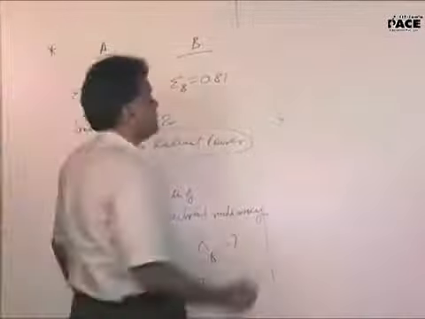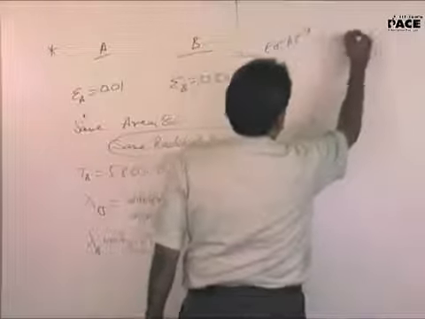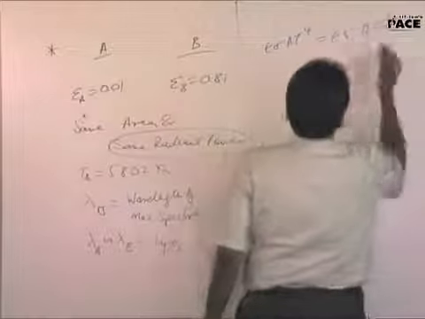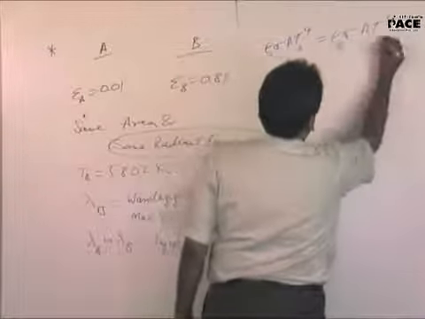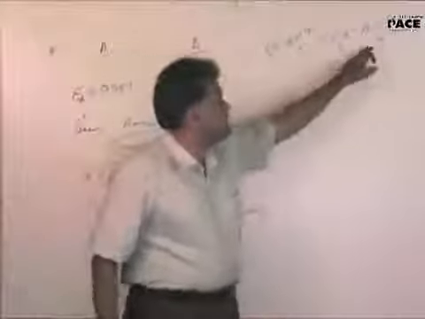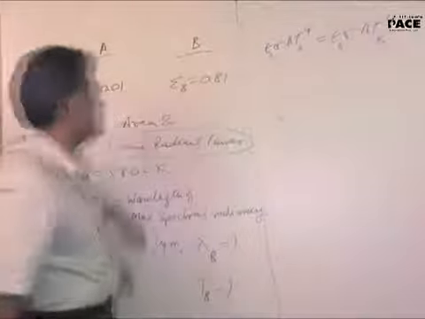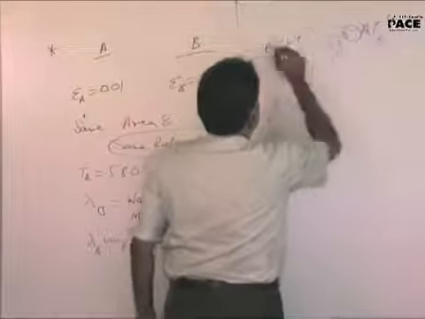So we can say epsilon sigma A T power 4 for both of them, meaning for A and for B, is same. Now I did not put AB because they have the same area, it's given there. So this area gets cancelled. Sigma is also same, gets cancelled.